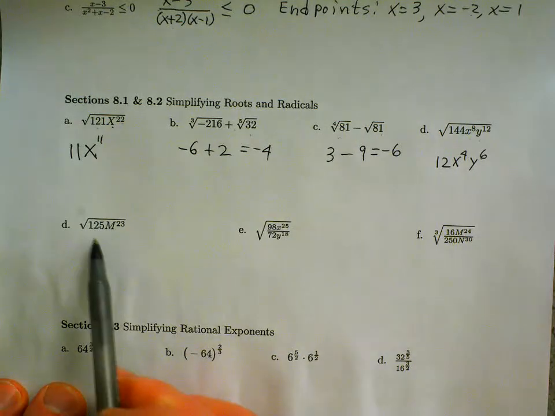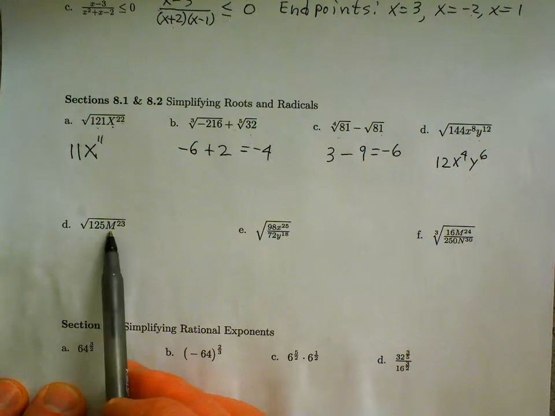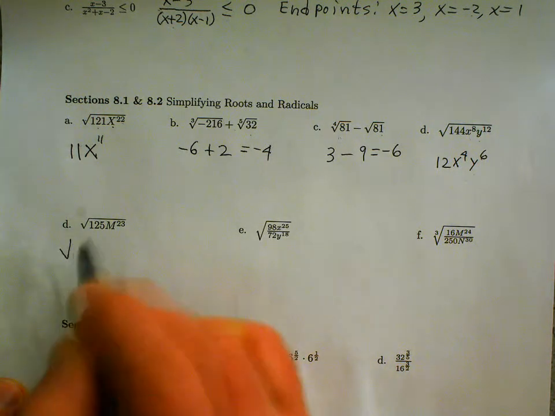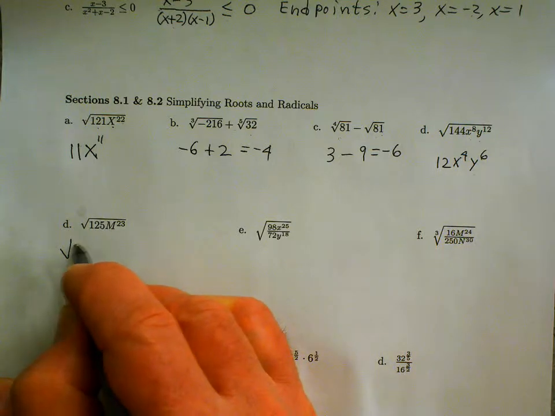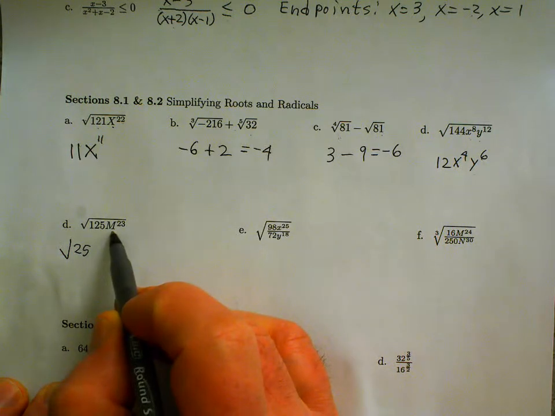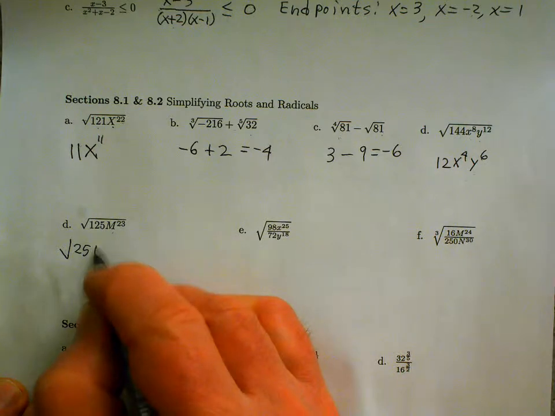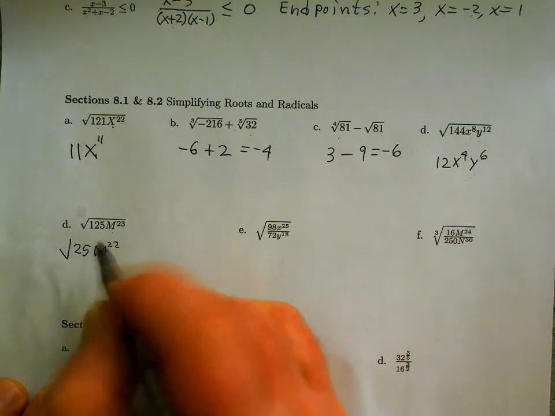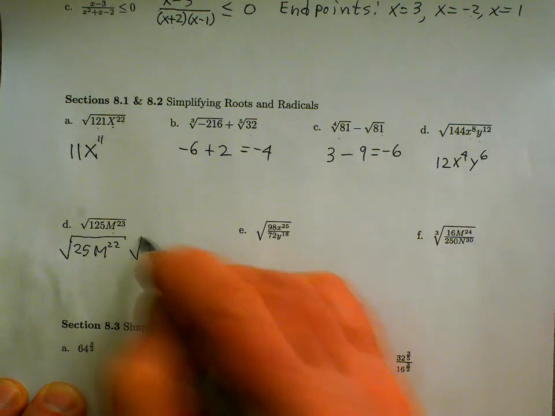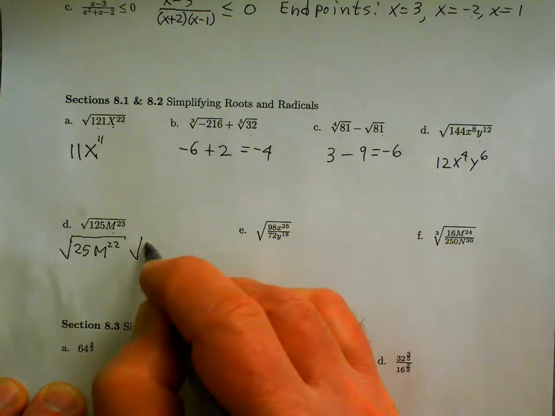Okay, the next example is a little more involved. The square root of 125 m to the 23rd. The largest factor of 125 that's a perfect square is 25. The largest factor of m to the 23rd that's a perfect square is m to the 22nd. So we'll rewrite this as the square root of 25m to the 22nd times the square root of 5m.